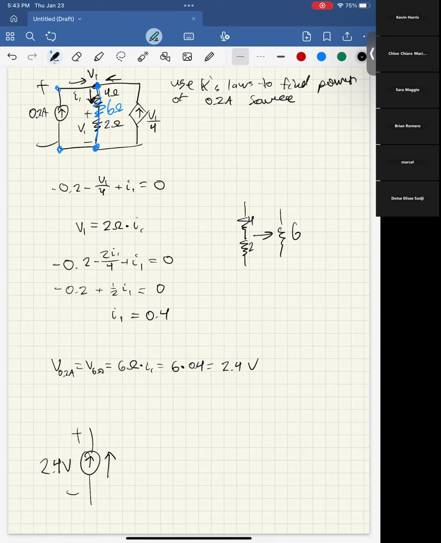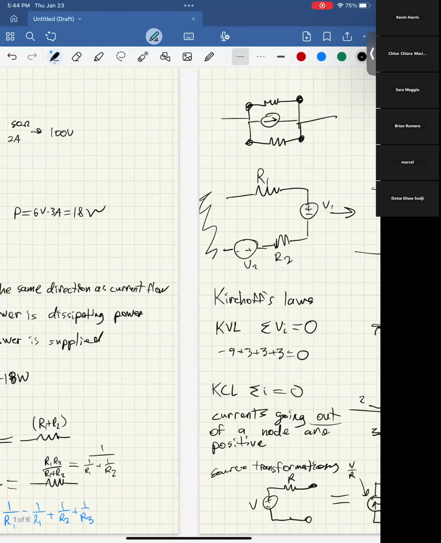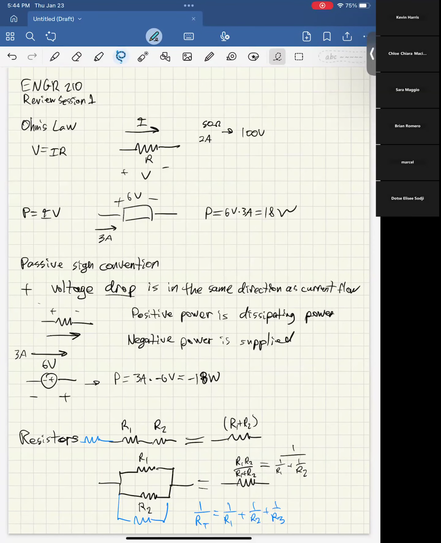When we have voltage rising in the direction of current, it's negative. When voltage is dropping in the direction of current, it's positive. So here, the power is 0.2 amps times negative 2.4 volts, which is negative 0.48 watts. Let me add that as a line here. Should have added this earlier.